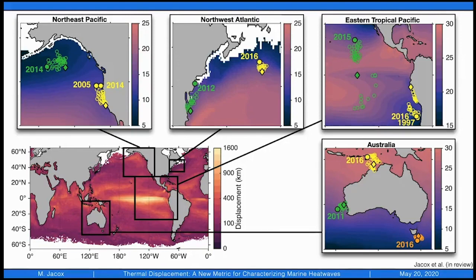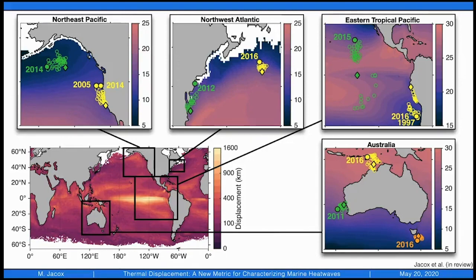And I could be wrong about this, but my impression has been that the discussion of impacts in Australian waters has been much more focused on corals and seagrass beds and things like that, and less so on distributional shifts. Whereas in some of these other regions, the distributional shifts have been discussed a lot more.